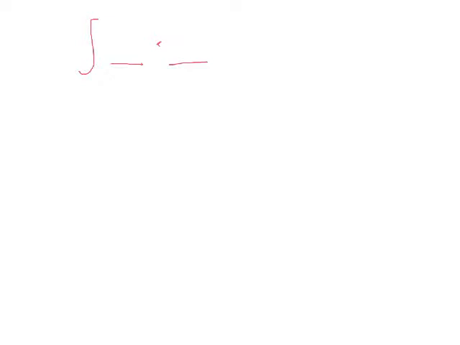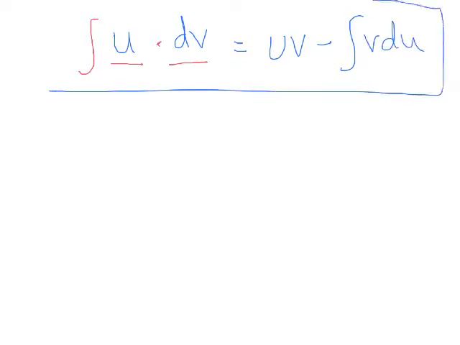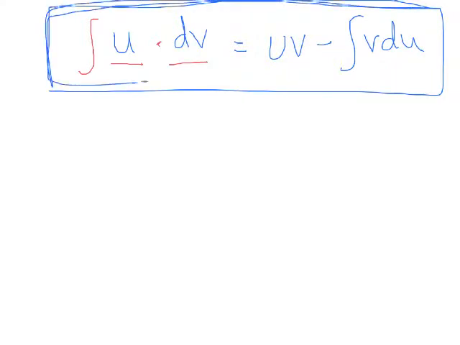And the formula that we need to commit to memory is the integral of this u dv, this product, is equal to ultraviolet voodoo. So this is our integration by parts tool that we're going to come back to many times.